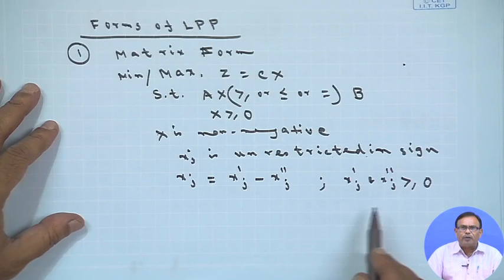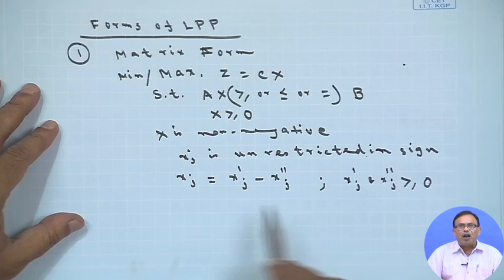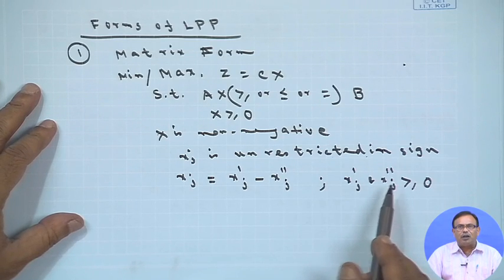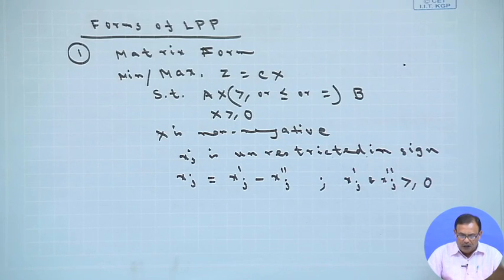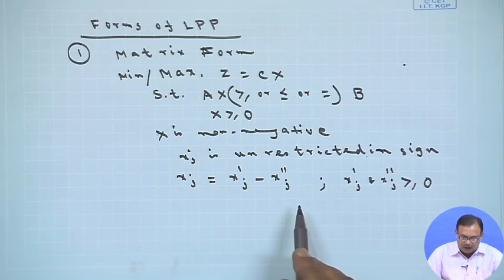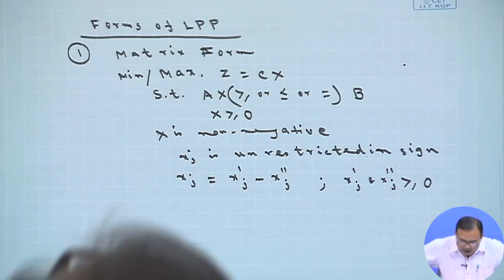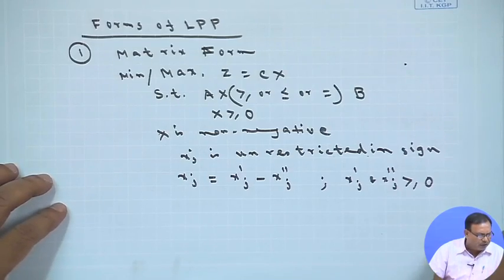This is required whenever we will work with dual simplex method. So, therefore, if x j is unrestricted in sign, then we write down x j equals x j star minus x j double star.